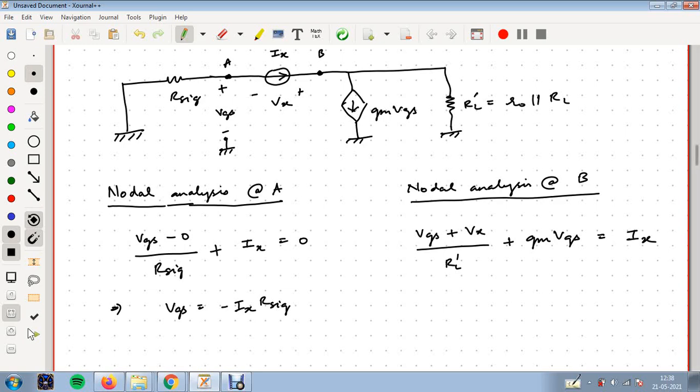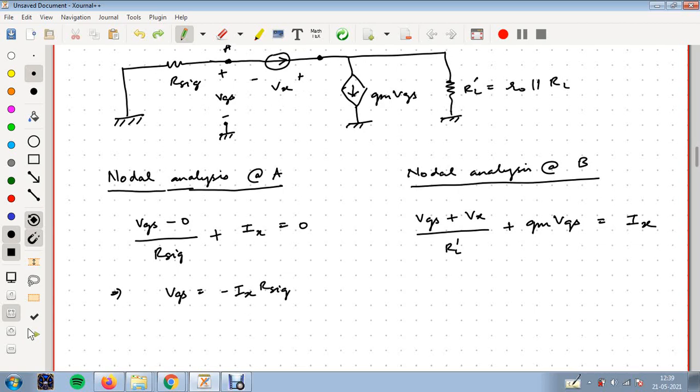KCL, because Ix is getting split into two currents here. One is GM VGS and the other current is whatever current is flowing through RL prime. The current flowing through RL prime is VGS plus Vx by RL prime. So this current plus this current equals this current.